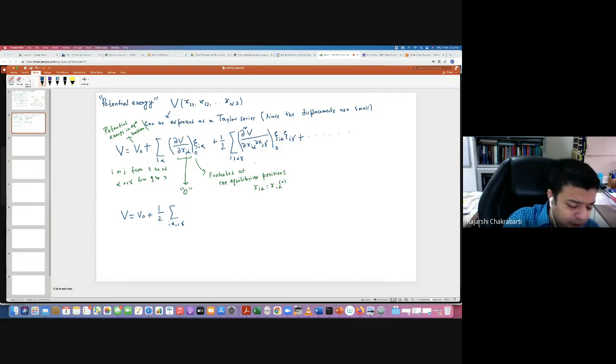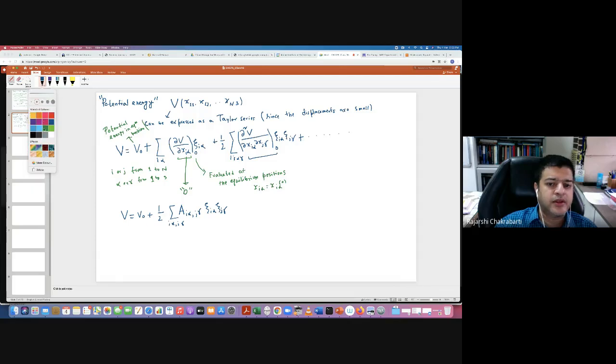And this thing I don't want to write again and again, so I write it as A_{i alpha, j gamma} times xi_{i alpha} xi_{j gamma}. Is this clear? This is how I am writing. What is A? This is your A, the one I just wrote, I am calling A_{i alpha, j gamma}. Some coefficient.